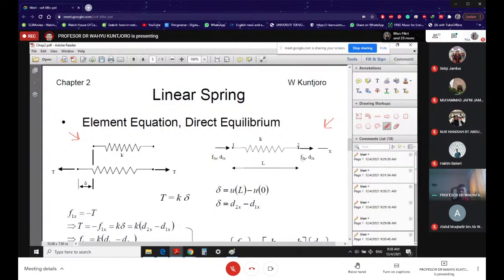I hope you agree with me that the elongation, meaning if you have a spring and you pull it, the total elongation of the spring is equal to displacement at node number 2 minus displacement at node number 1.